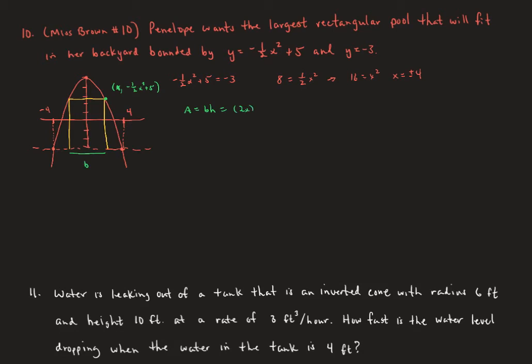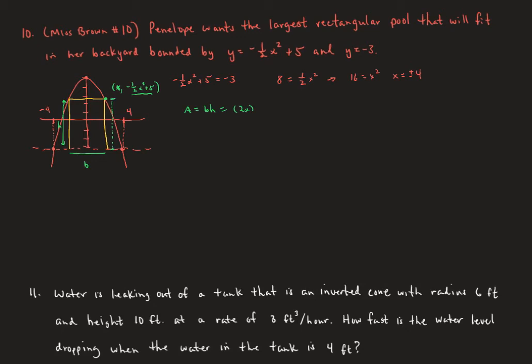Our height is going to be this distance right here, and we can see that's going to go from here to here. So this much of it that takes us to the x-axis is the y-coordinate of this point, and then this distance is down to -3.